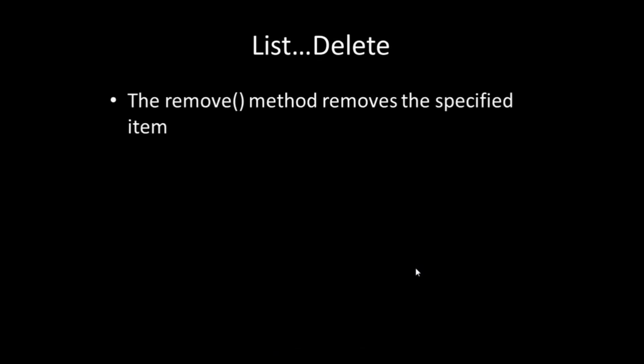So today we will start with the methods related to deleting the items in a particular list. The remove method removes the specified item. Okay, so don't confuse. Here we are not going to give the index. Instead, you have to give the item that needs to be removed.